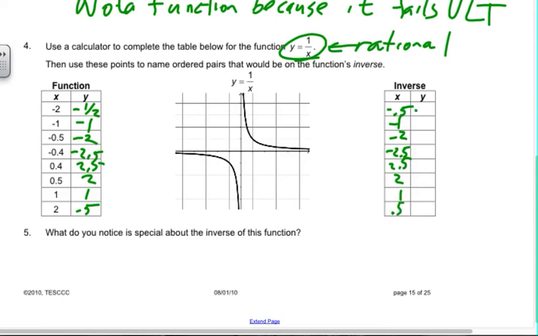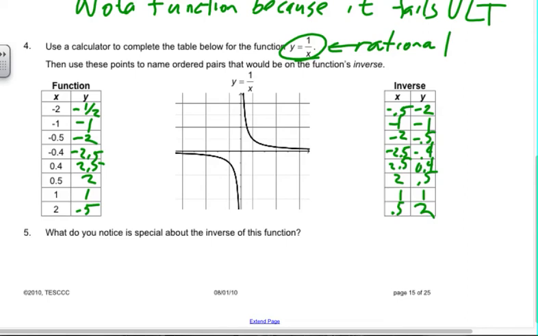And then I get a negative 2, negative 1, negative 0.5, negative 0.4, 0.4, 0.5, 1, and 2.